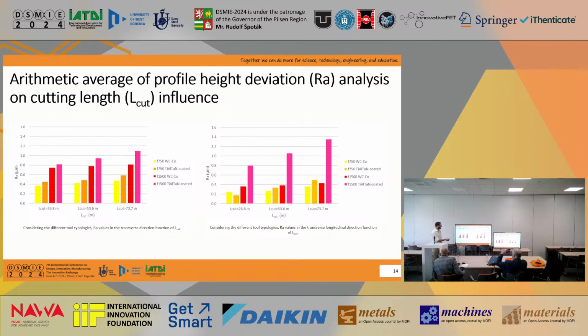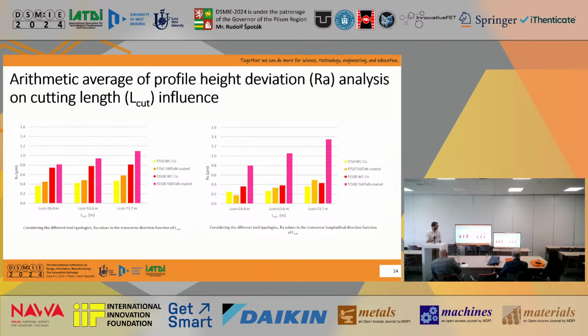And as we may see, as long as we are increasing the cutting length and the feed rate as well, we may see that the roughness tends to get higher, in this case for the transverse direction, and the longitudinal direction, it tends to exponentiate for the coated tools because of the abrasion, or better saying, because of the three-body abrasion phenomenon.